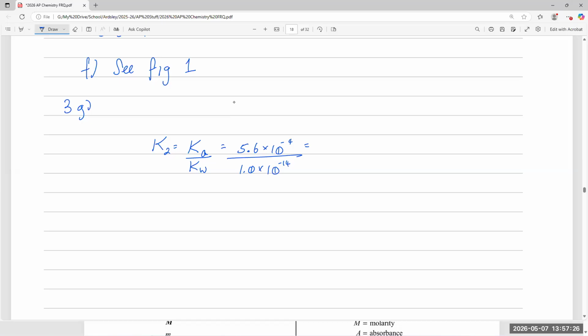And what does that come out to? 5.6 times 10 to the minus 4 divided by 1 times 10 to the minus 14 gives me 5.6 times 10 to the minus 10.